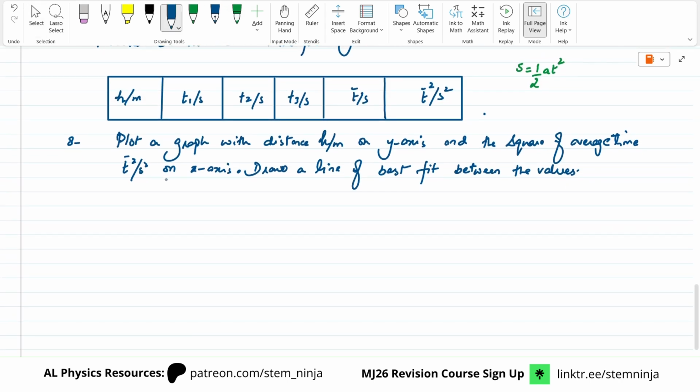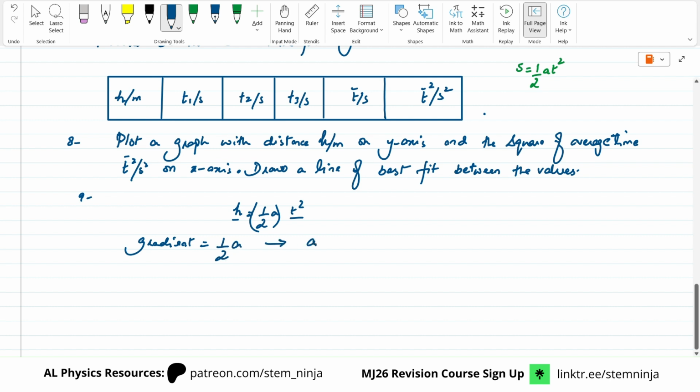Now, we need to decide what the y-intercept and the gradient would tell us. Since we are familiar with this, in this case we have h is equal to half a t squared. We know that this is going to be the gradient, and this is the x and this is the y. So the gradient of the graph is equal to half a.